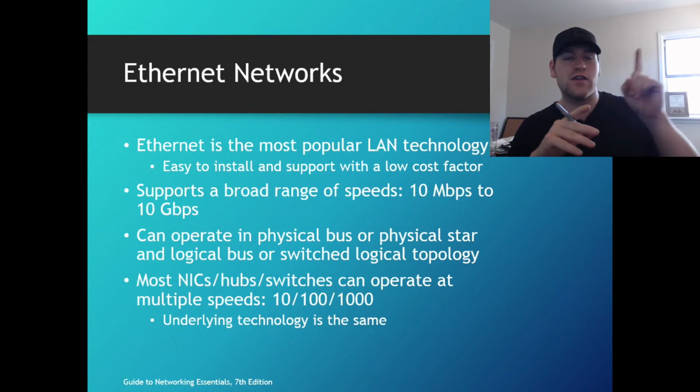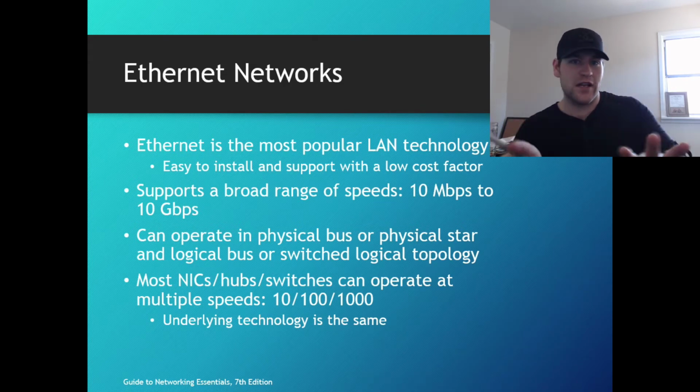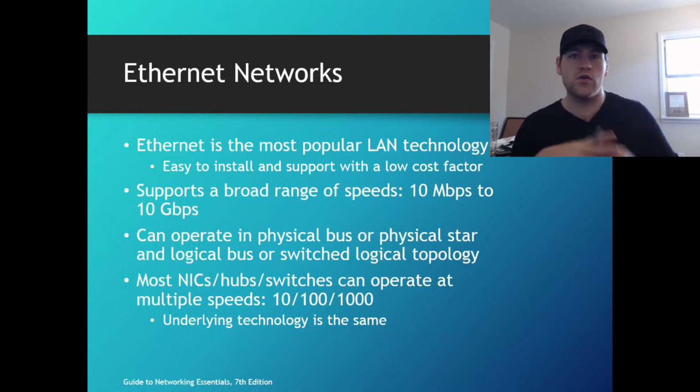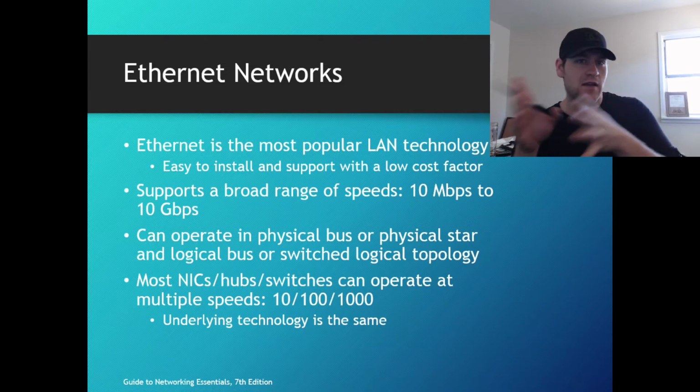If you had the talking stick, you were the only one able to talk. Nobody else was allowed to interrupt or interject. And that's how token passing works. Whoever had the token at a given time would be the one able to transmit.